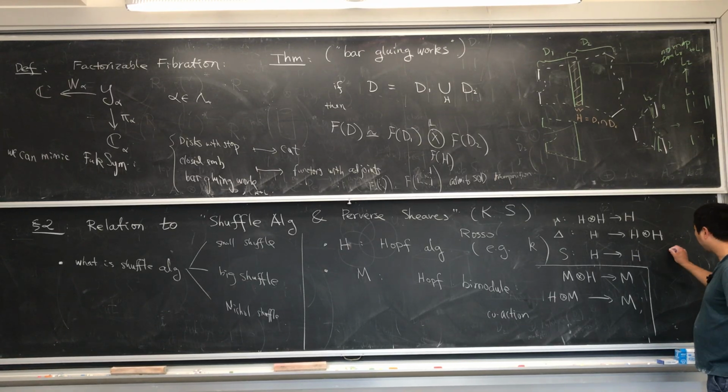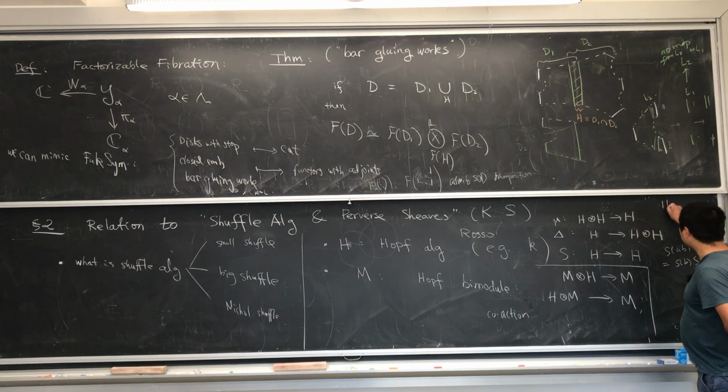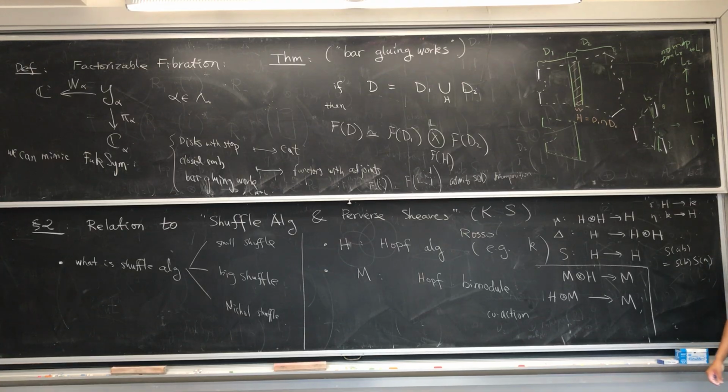It changes the order, like S(AB) equals S(B) times S(A). And there's also the unit and co-unit maps, satisfying a bunch of conditions.